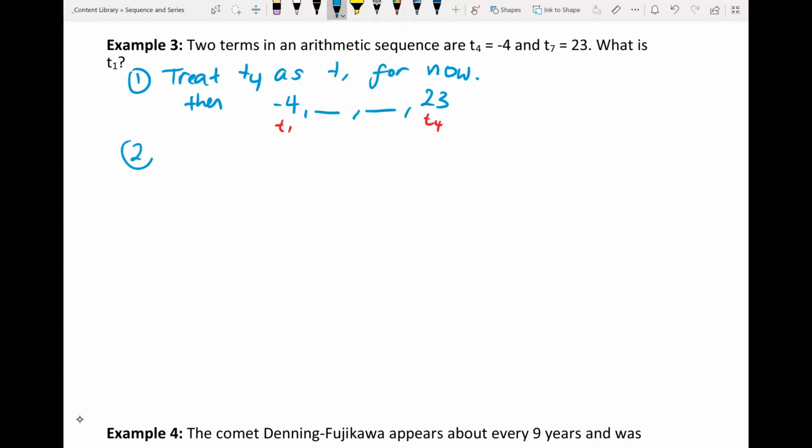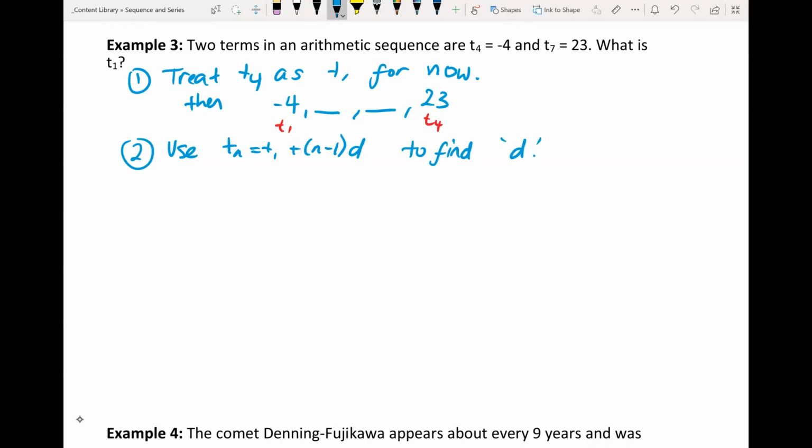And the reason I want to do that is we can use this as T1 and T4 for now, so we can find d. So we're going to use Tn equals T1 plus n minus 1 times d to find d.